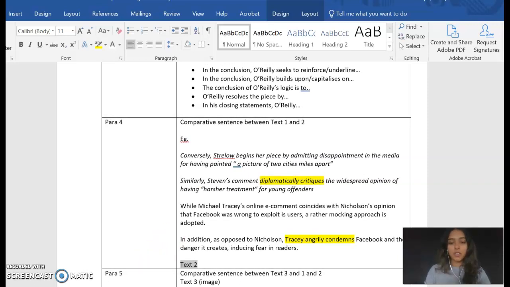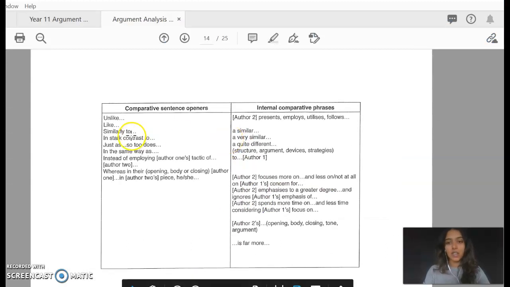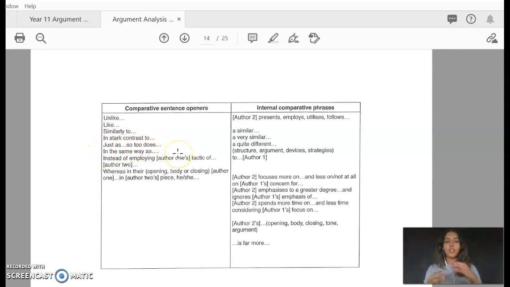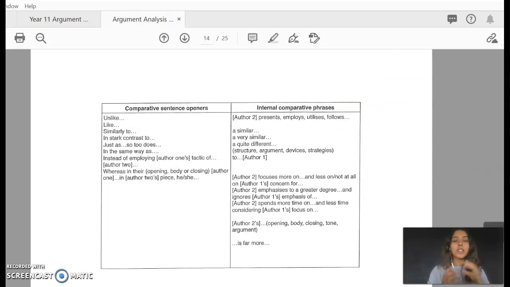This is where you use phrases such as similarly or in contrast or in the same way as text 1. This is what's happening in text 2. You are just outlining a point of comparison. You might notice that text 2 has a different contention altogether, or you might notice text 2 has a similar contention but a different approach.